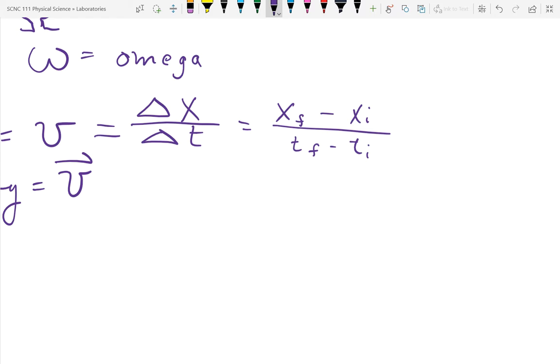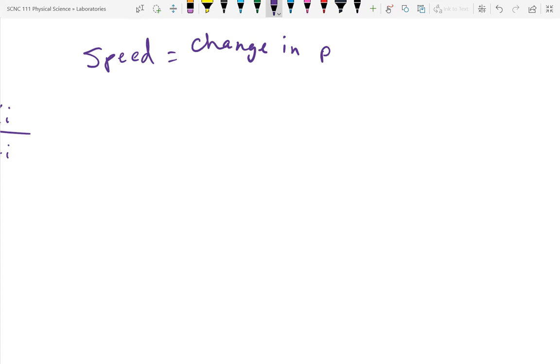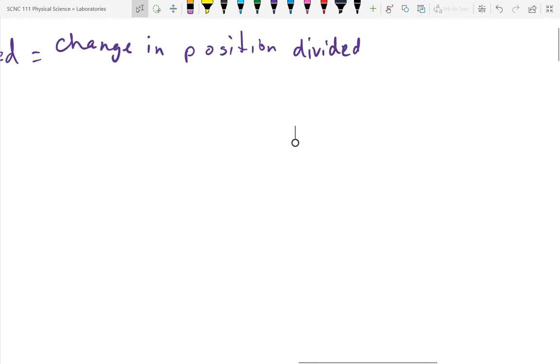So time. So speed, if you write this out in words, you get speed equals change in position divided by change in time. I'm writing it all in one line.